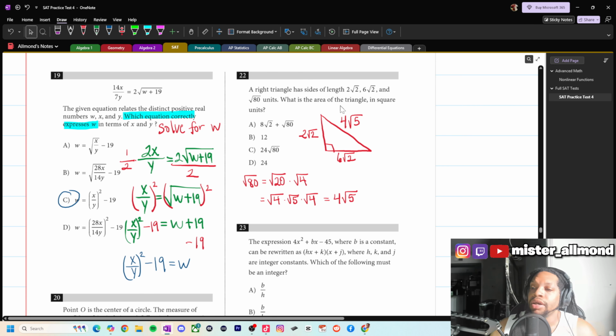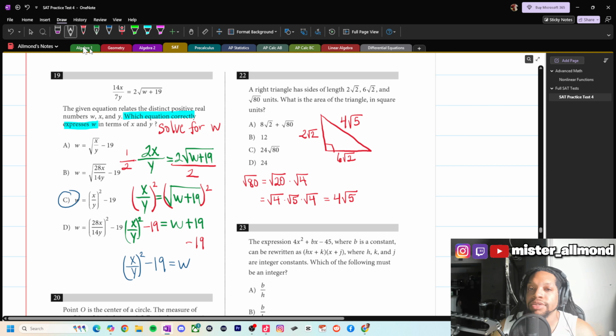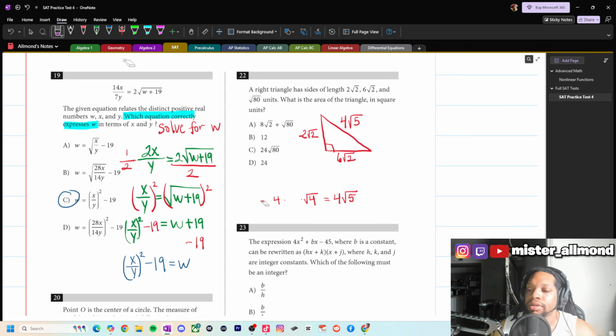And then area of a triangle, I'm gonna erase this, because that was just to figure out what goes where. And then I'm going to do 1/2 base times height and then see what I get. So 1/2 base times height, height times base, same thing.